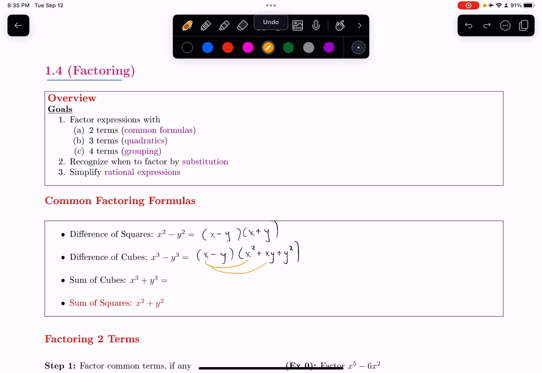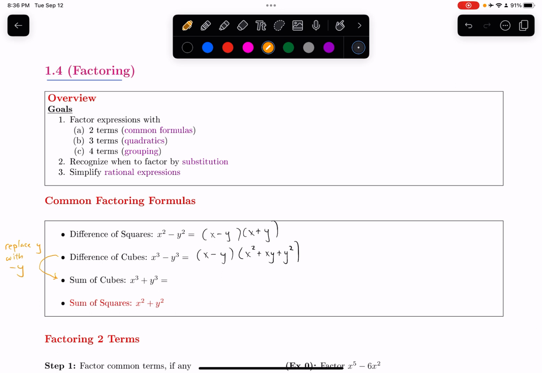Okay. So a sum of cubes, x cubed plus y cubed, also factors. In fact, there's a very quick way I can get the sum of cubes factoring formula if I know difference of cubes first. To get sum of cubes, all I've got to do is replace the y in the first one with a negative y.